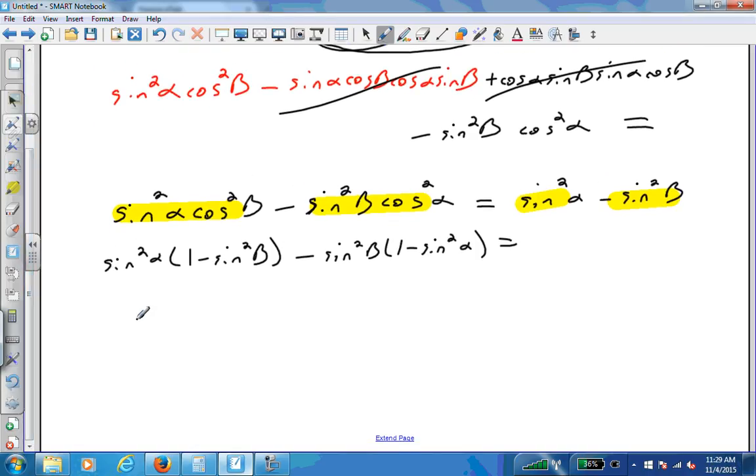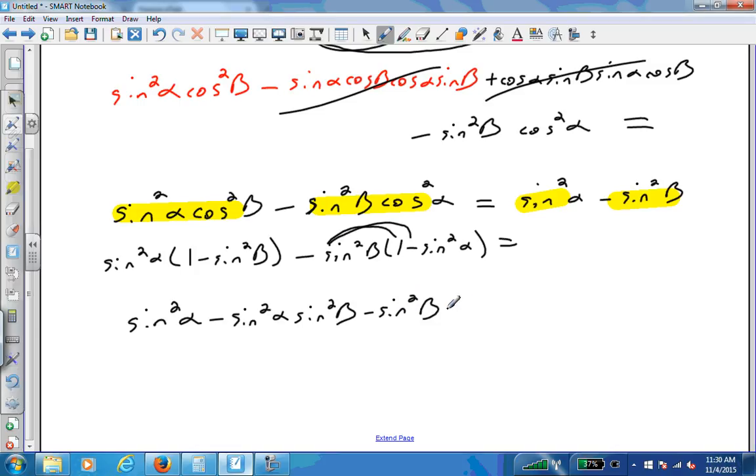Sine squared times 1 is sine squared alpha. Sine squared times minus sine squared, those are different angles, so we do have to keep those separate. That's sine squared alpha times sine squared beta. When we distribute here, minus sine squared beta times 1 is minus sine squared beta.